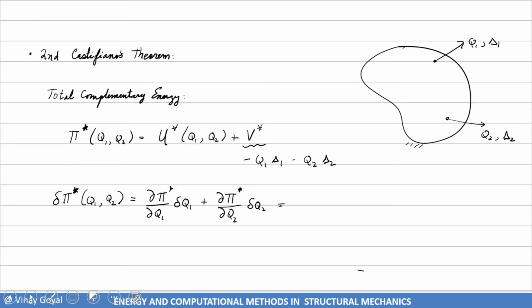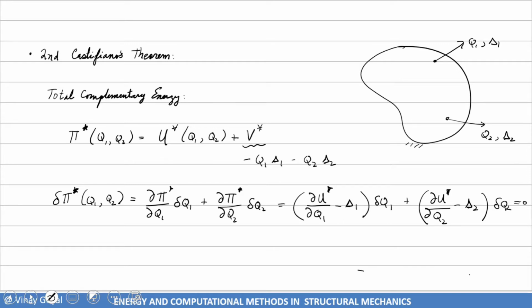And now when I take the derivative, I simply get partial of U star with respect to Q1 minus delta 1, check that out, del Q1 plus partial of U star with respect to Q2 minus delta 2 del Q2 equals 0. And for any variations that I have there, by the fundamental lemma of calculus of variations, then I get the partial of U star with respect to Q1 equals delta 1, partial of U star with respect to Q2 equals delta 2.